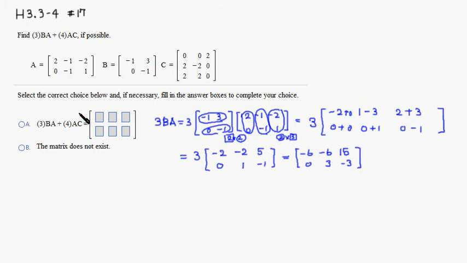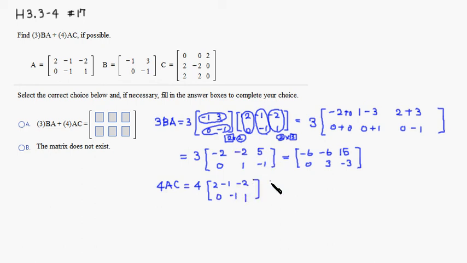Alright, then we have to compute 4AC. So this is going to be 4 times A, that 2 by 3 matrix: 2, negative 1, negative 2, 0, negative 1, 1.